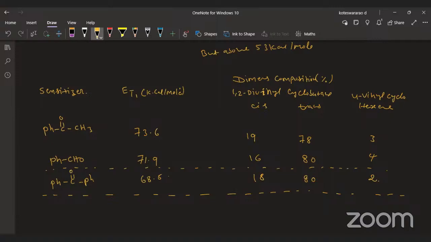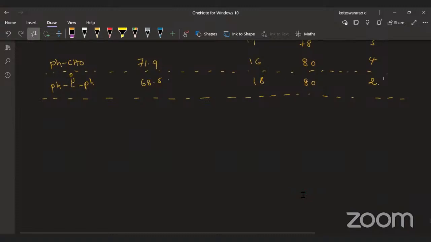But when you go down past the borderline, what happens? If we are using beta-naphthaldehyde, this is the naphthalene, this is the beta-naphthaldehyde.